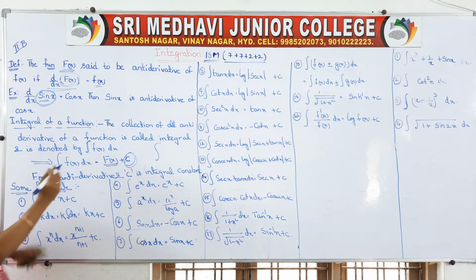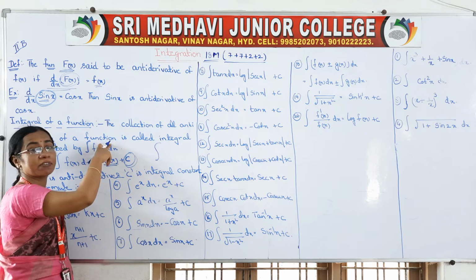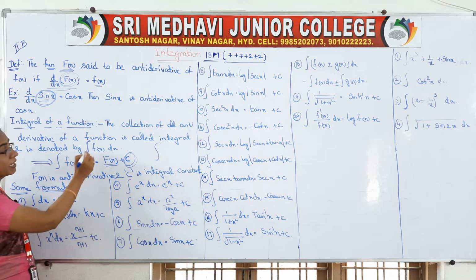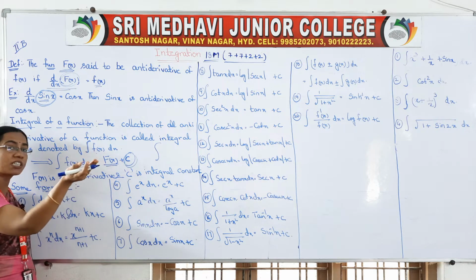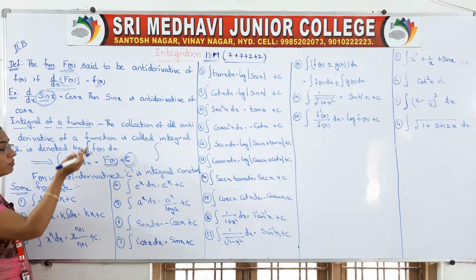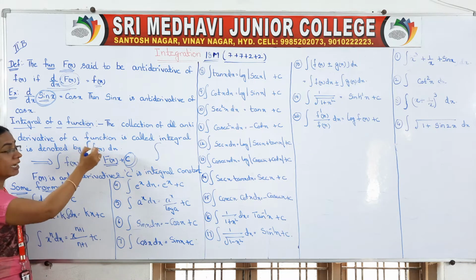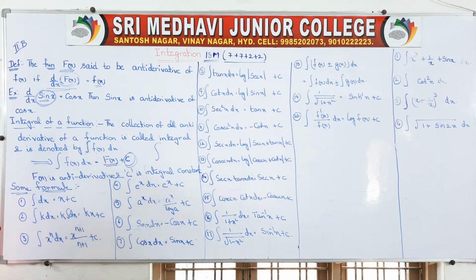If we take the collection of all such antiderivatives, then that is called the integral of the function, and it is denoted by integral of the function f of x. And how we will write it: we can write this as integration of f of x dx.